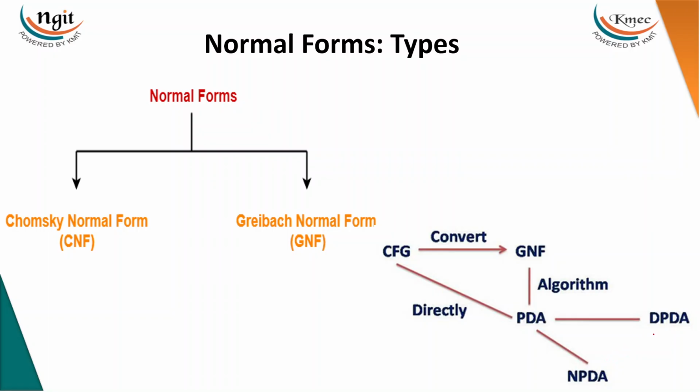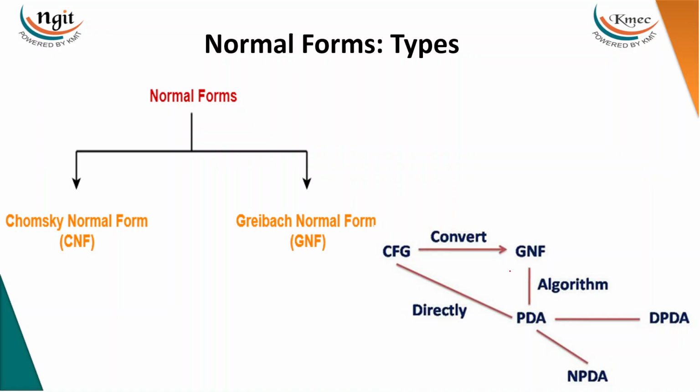The classes of languages which are accepted by the DPDA and NPDA, and which are not accepted, we discussed in the last unit. In this unit, maybe in the next video or after that, we'll discuss exactly which languages are accepted by the DPDA and NPDA. Okay, we'll come back to that.